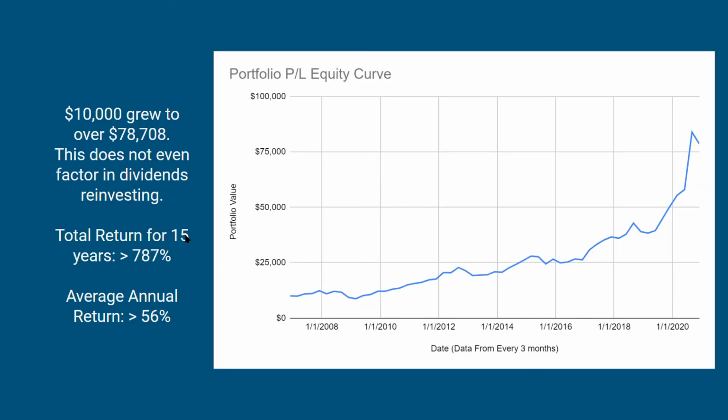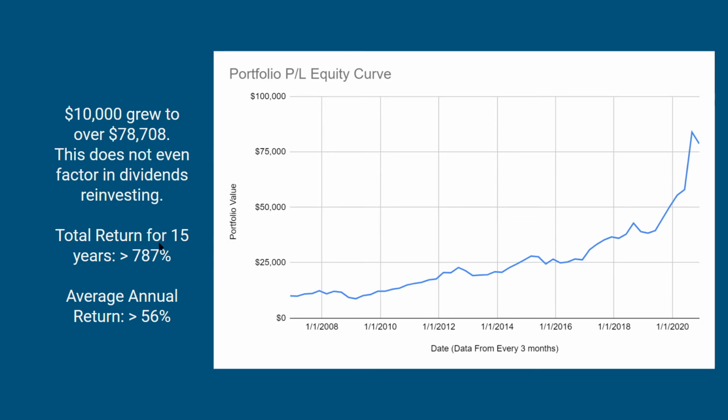Choosing underlyings. So in that particular example, okay, 12 ETFs and stocks, okay, with those allocations 15 years ago would have produced $10,000 grew to over $78,708. And mind you, this does not even factor in dividends being paid out and reinvested in the account. That is simply from the share price of each of those increasing in value.